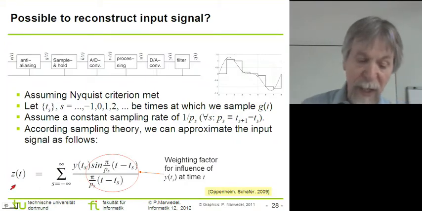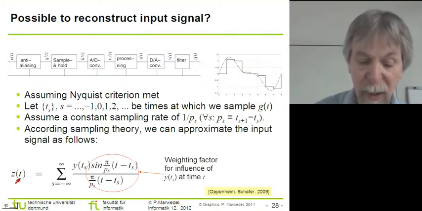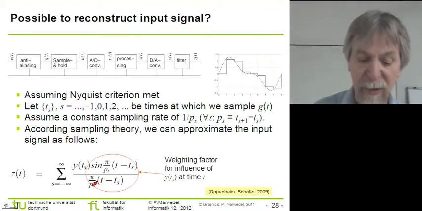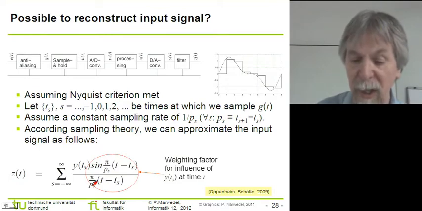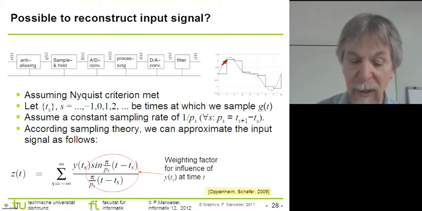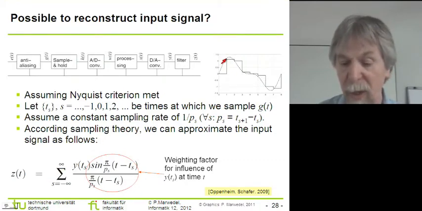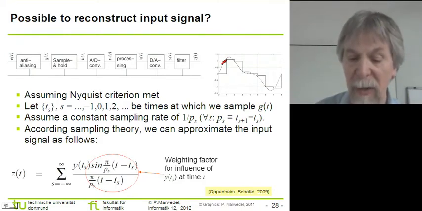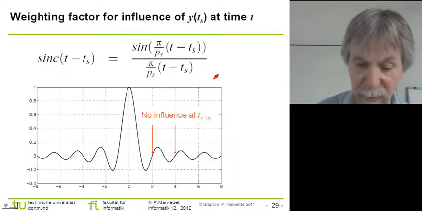If as a time we are looking at a particular instance in time corresponding to one of the sampling instances, then only that particular value will actually contribute to the overall sum, but the contributions of all the other sampling instances will be zero, which is very nice because we know from this little graph that if we look at exactly these times, then the overall result for the sum will reflect just the value for that instance in time, and will have no influence whatsoever from the adjacent sampling instances.